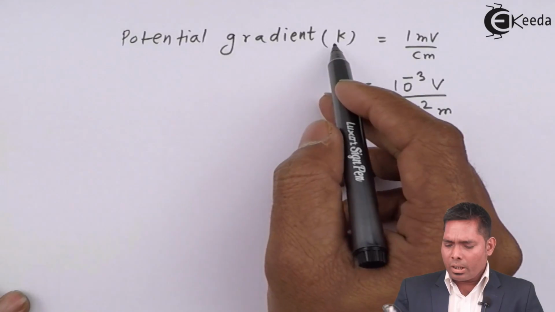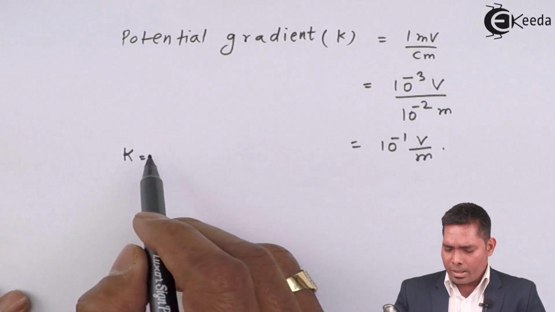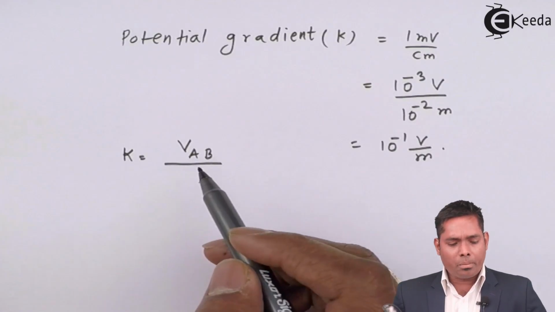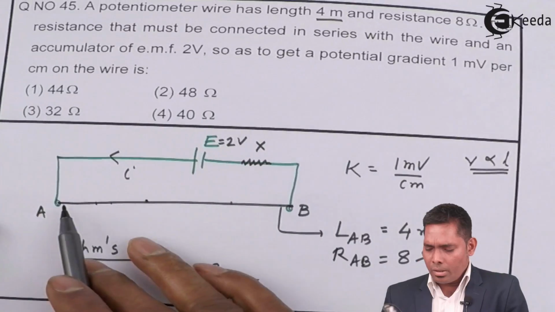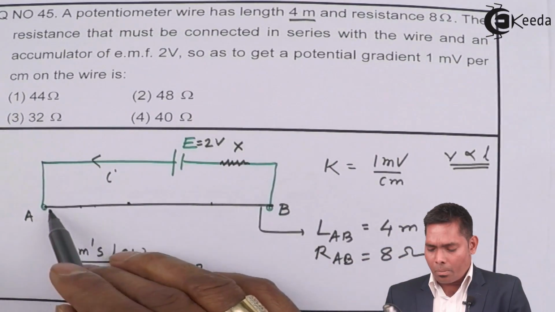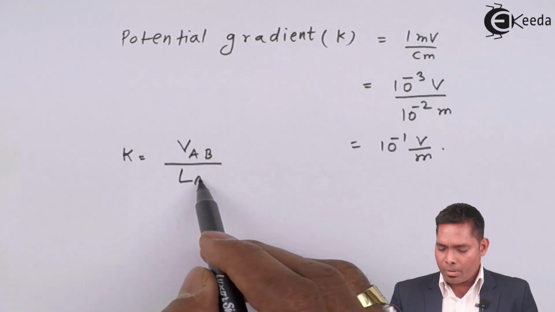The formula for this, I would write that this K is basically the potential drop across the potentiometer wire divided by the length, because this ratio is always constant. The potential drop across the wire AB to the length of the wire AB must remain constant.